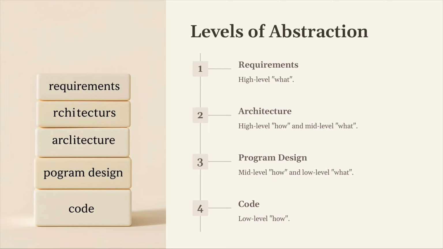Program design focuses more on the how, detailing modules and functions. Code, the lowest level of abstraction where specific implementation happens. Each level builds on the one before it, moving from broad goals to detailed execution.